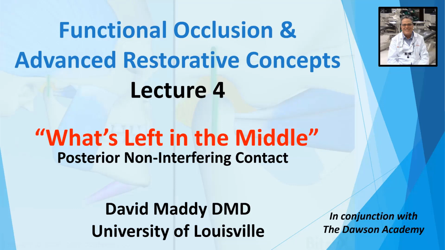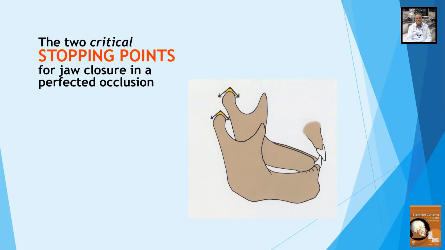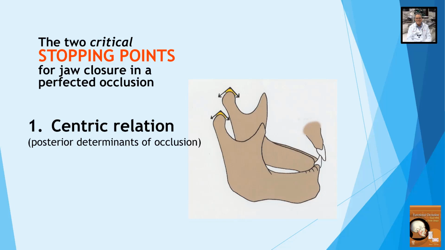Posterior Non-Interfering Contact. Remember last time we introduced the concept of the inverted tripod, and that we said there were two critical stopping points for jaw closure in a perfected occlusion. In the back, it's called centric relation, and it's the posterior determinants by the seating of the condyles.